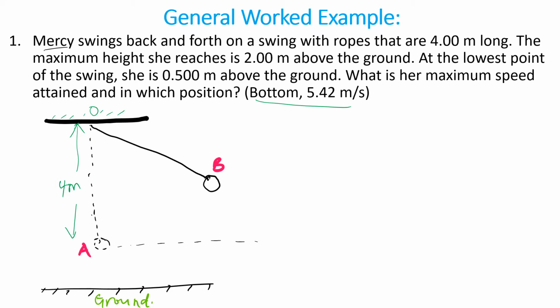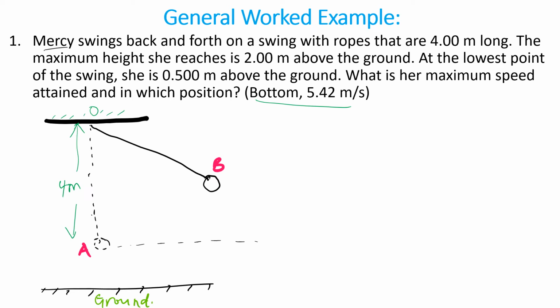Based on the conservation of mechanical energy, at point A she has maximum velocity because that's where all the motion starts. Therefore, she has maximum kinetic energy at A. This maximum kinetic energy at A will be converted to potential energy at B, and that's the law of conservation of mechanical energy.